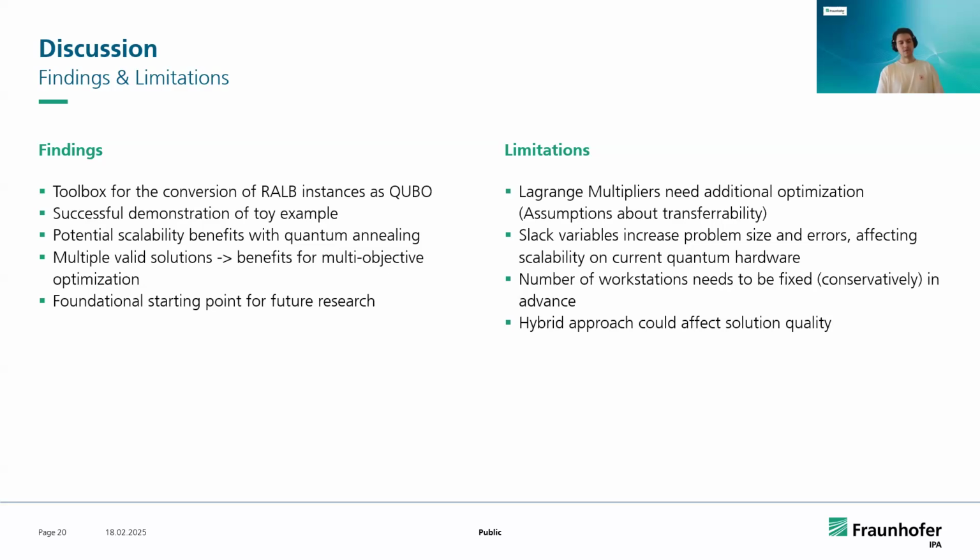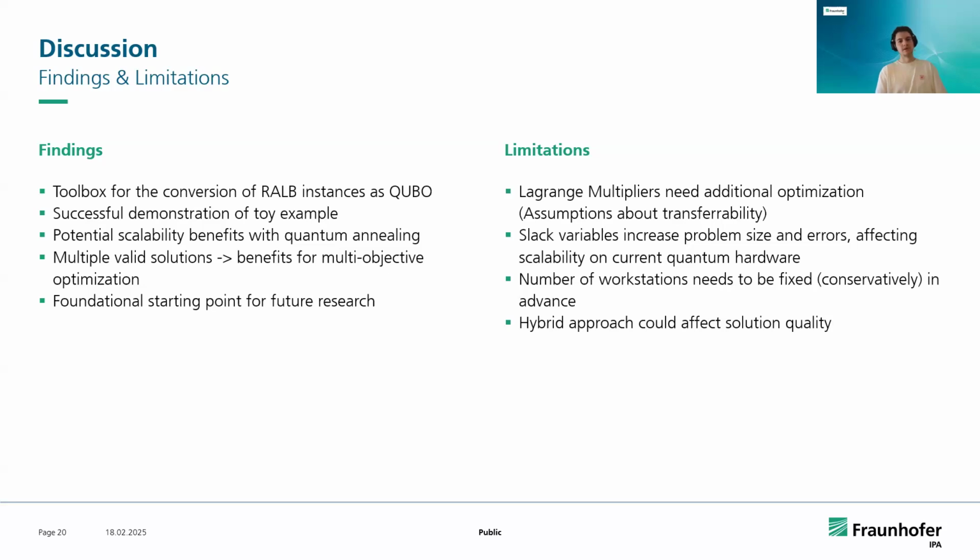We first make the problem harder to solve, and then also more prone to errors if we solve it on a quantum computer, which right now is affecting the scalability on current quantum hardware, but we suspect it not being a problem with further research on hardware.